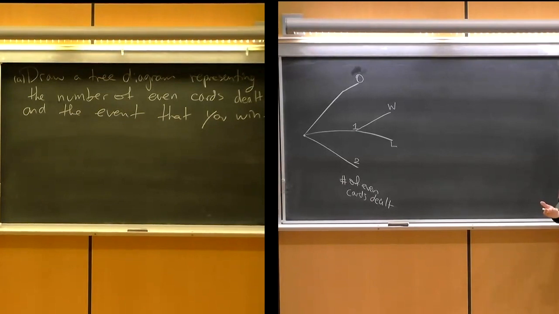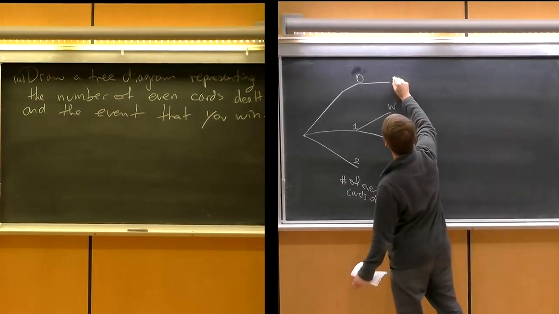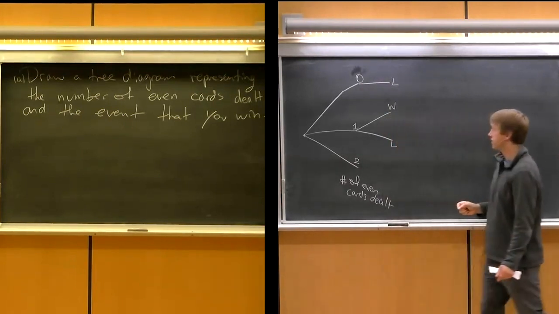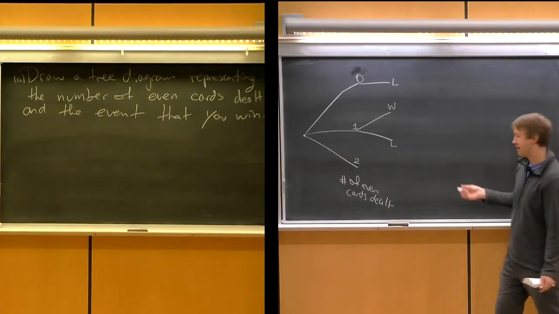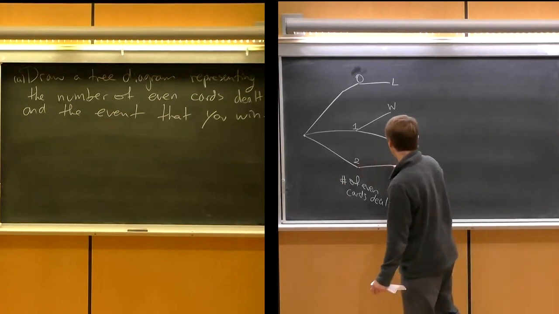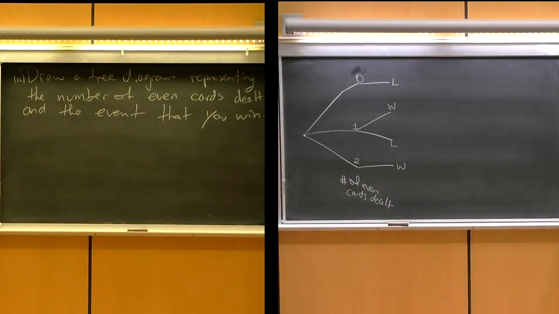Because you can't win. So if none of them are even, you lose automatically. Doesn't matter which one you pick. And then if there are two even cards, then you're going to win, right?